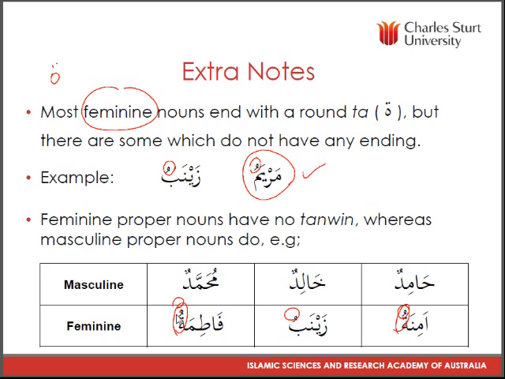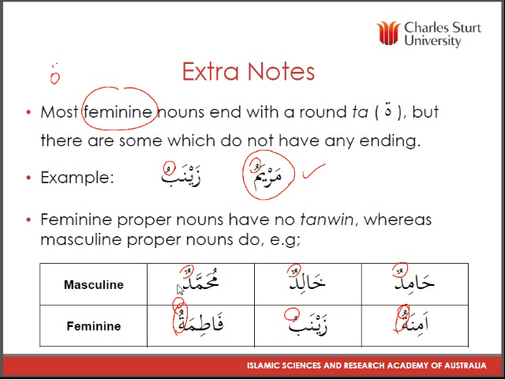Aminetu, there is no tanwin. We said Zeynebu. Fatimetu, there is no tanwin. Ending has no tanwin. This is a rule. On the other side, for masculine proper nouns, there is no te and there must be tanwin at the end. Okay?